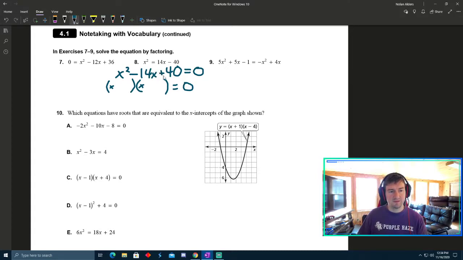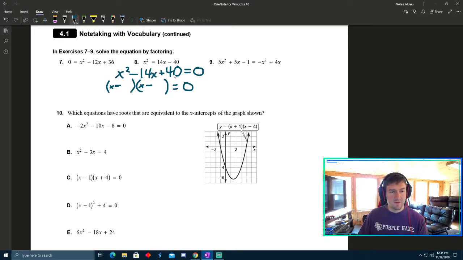Since that's a positive, that means that we're going to have the same sign for both of our expressions here, and they're going to be the same as this sign over here. So we're going to have two negatives. Now, if this was a negative over here, then we would have a plus and a minus. But since this is a positive, we're going to have the same sign for both of them, and it's going to be the same as this one.